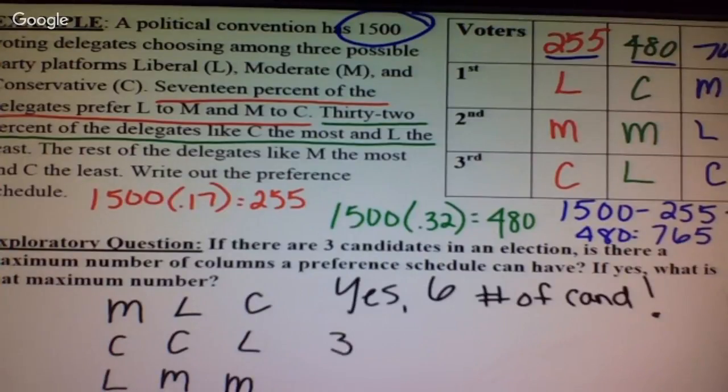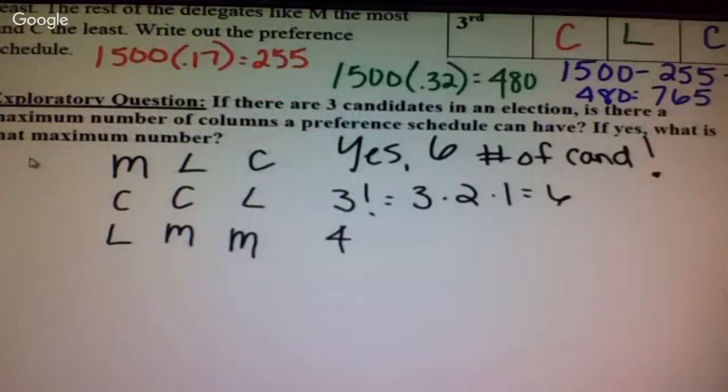So to factorialize it, that means to take 3 times 2 times 1. You start at whatever number it gives you, and you multiply it by every number below that until you get to 1, and you stop. So, in other words, if I had 4 candidates, 4 factorial would be 4 times 3 times 2 times 1. 24. All right. You got it.